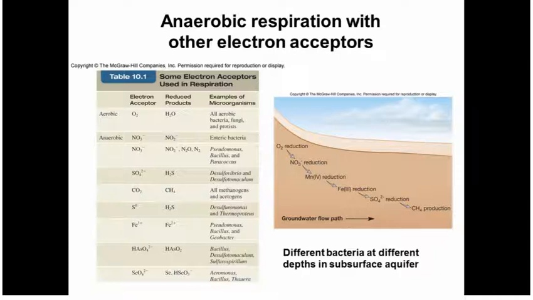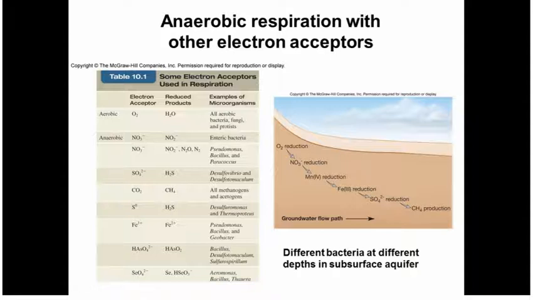Nitrate is not the only possible electron acceptor for anaerobic respiration. Sulfate can be used, ferric iron can be reduced to ferrous iron, and even these weird mineral salts here, arsenate and selenate, can be used as terminal electron acceptors if they're present in large amounts.